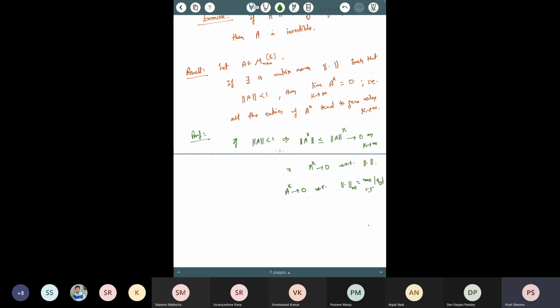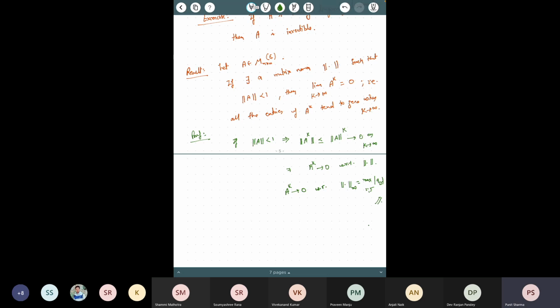In other words, if the max of all entries goes towards 0, that means every entry of A to the power k is going towards 0 when k tends to infinity, right? So therefore, when the norm of A is less than 1 for any matrix norm, then the limit as k tends to infinity of A to the power k is equal to 0.